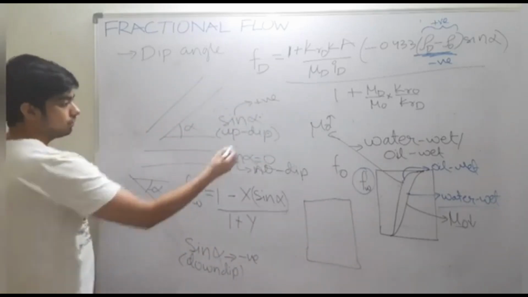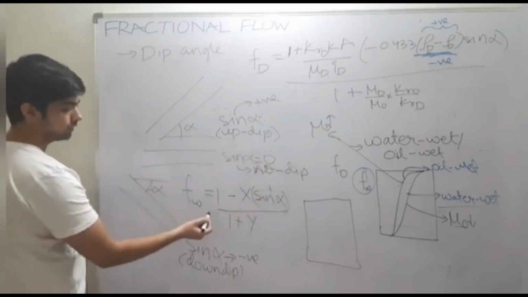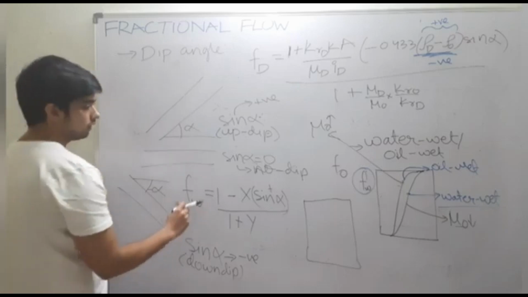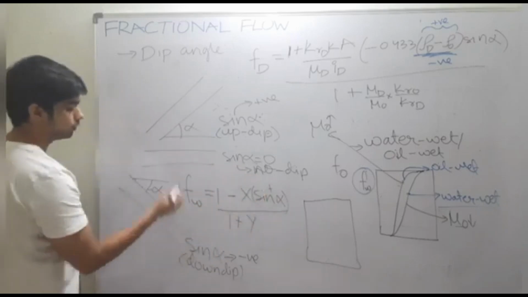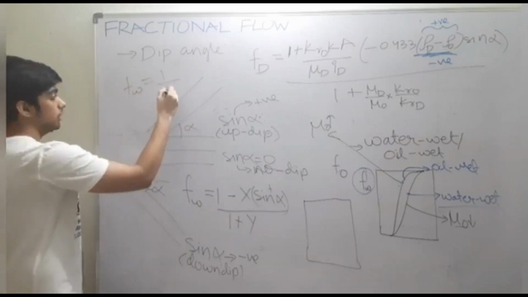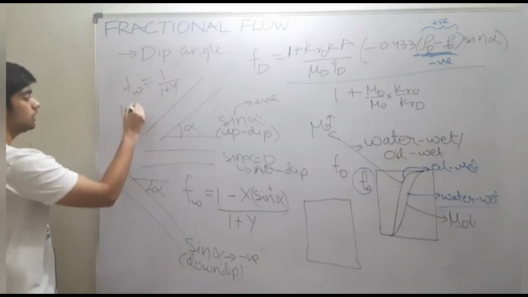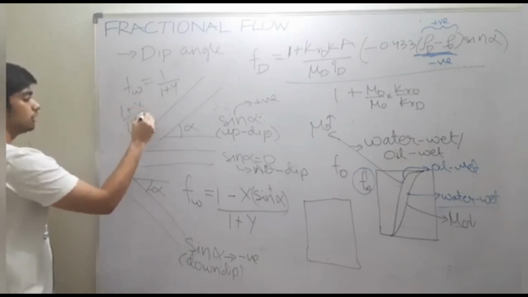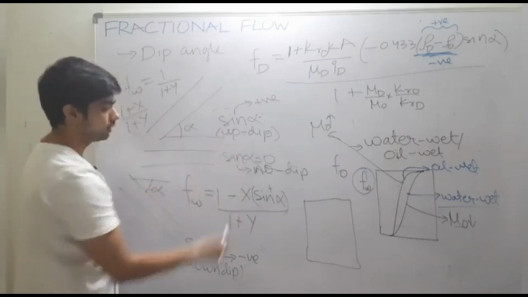Now in case of up dip flow, this thing will remain positive. So the equation will remain as it is. Now in case of no dip, this term will become 0. You can say that Fw will become 1 divided by 1 plus y. And in case of down dip, it will become 1 plus x divided by 1 plus y. So the numerator is minimum in this case, which is your up dip.